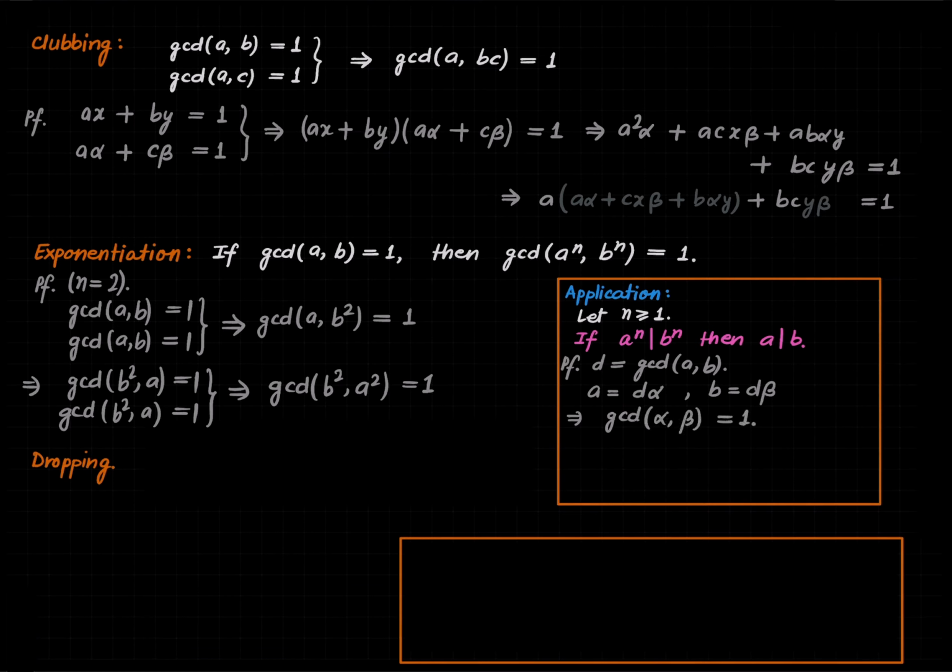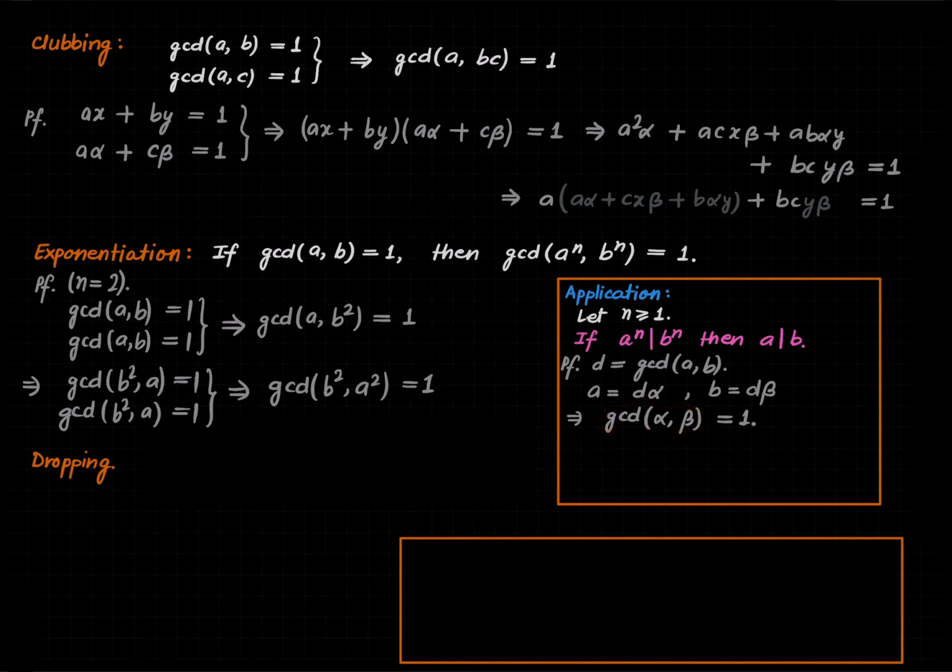This is the scaling property. If you divide out by the GCD, what you are left with are relatively prime integers. So make sure you understand this step. If A is GCD times alpha and B is GCD times beta, so you're taking away the GCD, and the numbers that you get are relatively prime. So I hope you follow this.